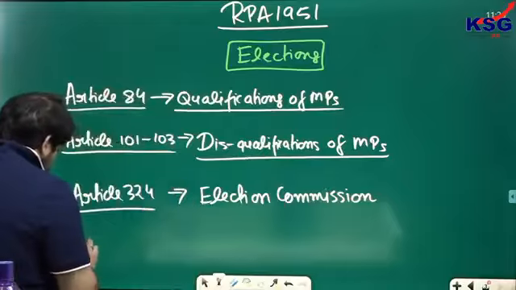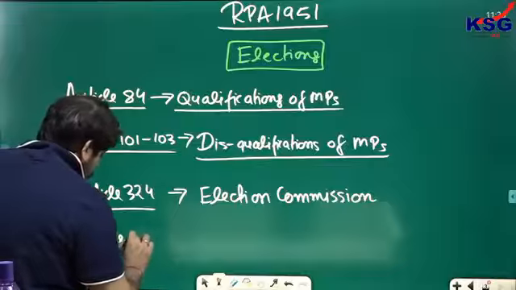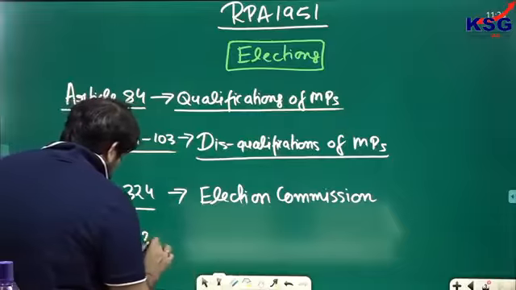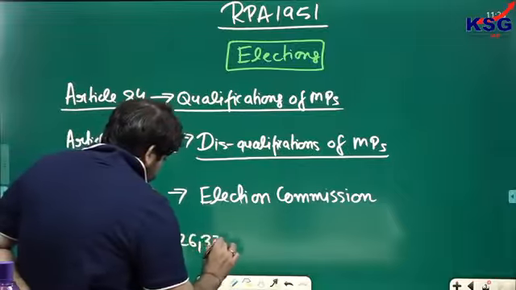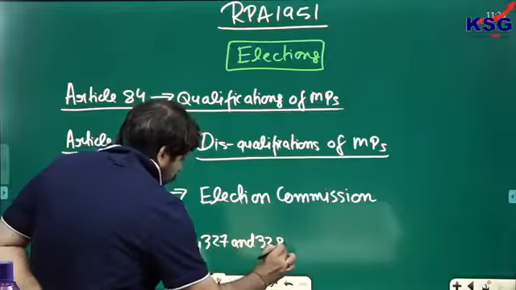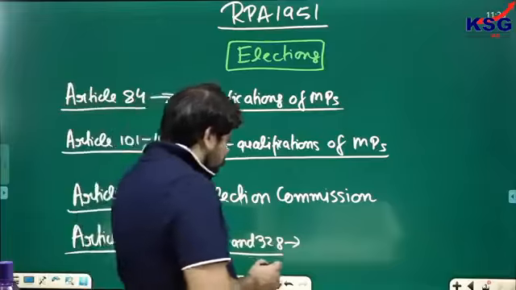And then we have Article 325, 326, 327 and 328, which you can say are miscellaneous articles related to elections.